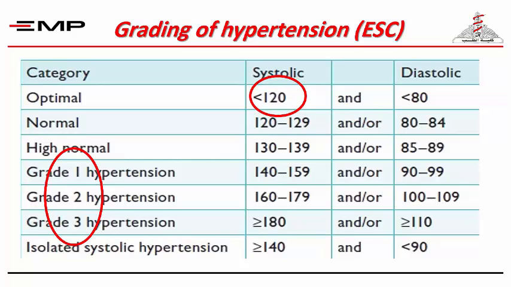to 110 mmHg. Isolated systolic hypertension is the presence of normal diastolic blood pressure less than 90 mmHg and systolic blood pressure more than or equal to 140 mmHg.